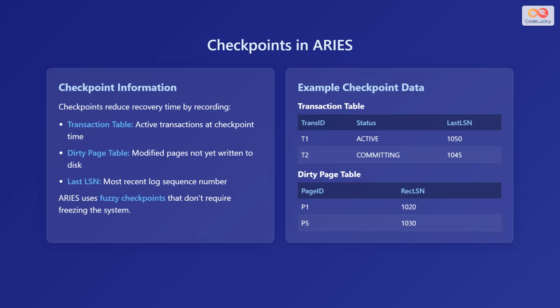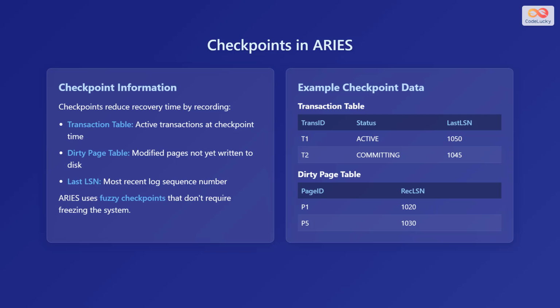Here's an example of what a checkpoint might contain. First, a transaction table containing the transaction ID, the status, and the last LSN. In this example, transaction T1 is active with the last LSN of 1050, and transaction T2 is committing with the last LSN of 1045.